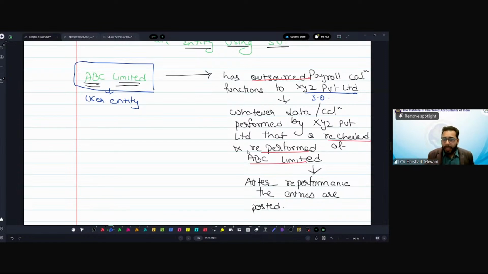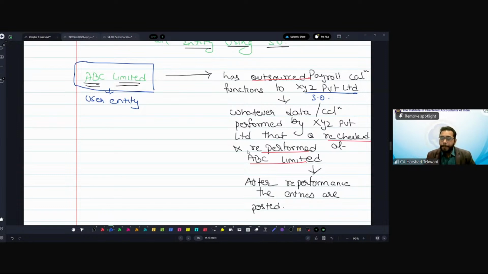Let's say ABC's HR is giving data to XYZ, and XYZ is giving the data back to the HR, and HR is reperforming that activity. For me, the step of data going out of the company to XYZ and coming back is irrelevant, because the same data is within the entity and is being reperformed by ABC to get the same conclusions or whatever conclusions they want.